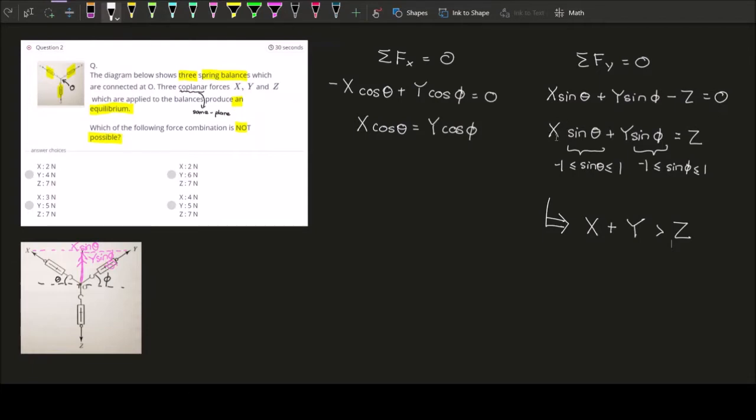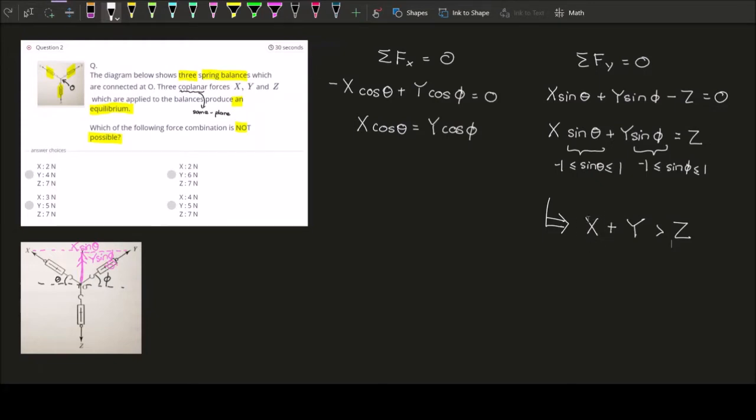So if something smaller than x plus something smaller than y, if x plus y itself is less than z, then something less than x plus something less than y will definitely be less than z. So this equation will not be valid in that case. Okay, let me repeat my statement. If x plus y is, if x, let me think carefully.